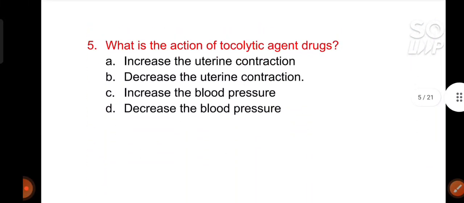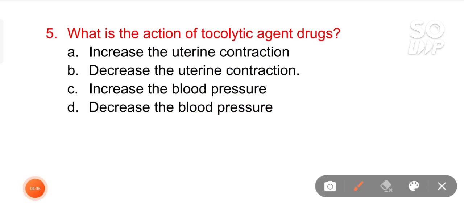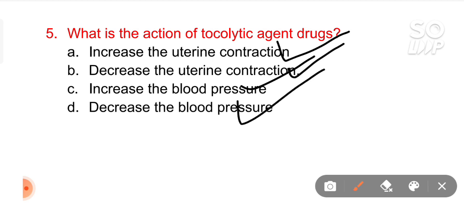The next question is, what is the action of tocolytic agents? What is the action of tocolytic drugs? The options are: A, increase the uterine contraction, option B, decrease the uterine contraction, option C, increase the blood pressure, option D, decrease the blood pressure.